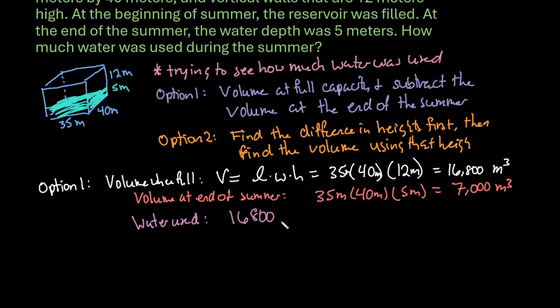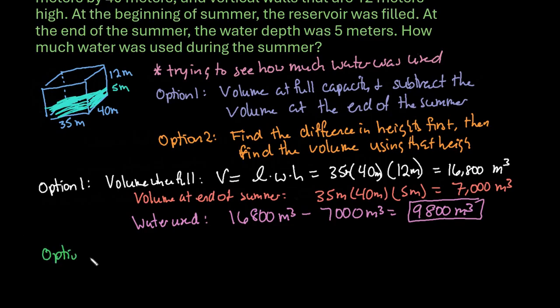So I would take the 16,800 cubic meters and subtract the 7,000 cubic meters. This ends up giving me a total of 9,800 cubic meters. So this is option 1, and we can see that approximately 9,800 cubic meters of water was used over the summer.